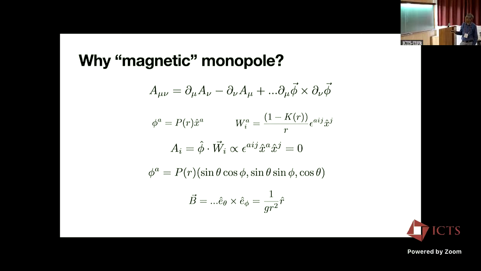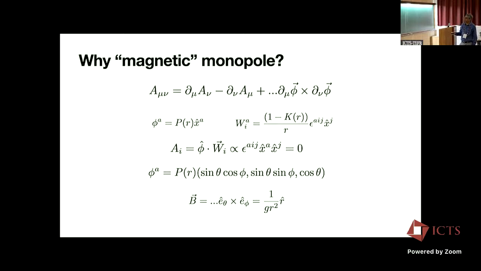However, if you look at this part, then your phi, this expression here, can be written in full form like this. It is sine theta cosine phi, sine theta sine phi, cosine theta. This is the radial vector. And so if you take derivatives with respect to theta, you will get cosine theta, cosine theta. So this will be proportional to the unit vector in the theta direction.